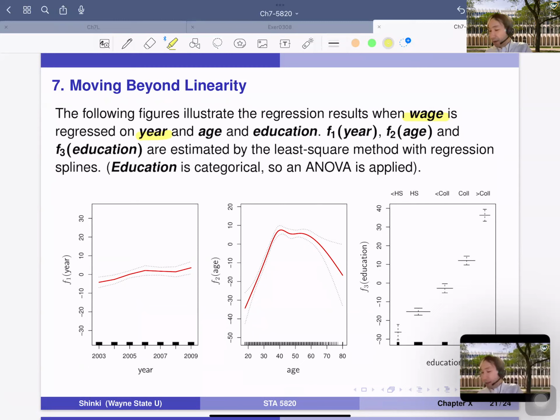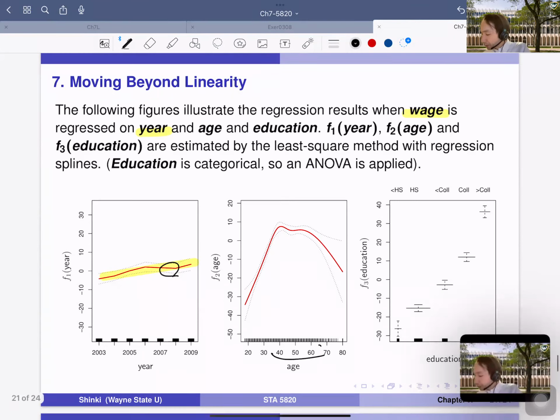Generally, the wage is going up over time, so we can have some increasing trend, but you can see maybe in a recession, around here, the financial crisis, the wage goes down a little bit. This is pretty rare, but we have some function which is more complicated than a straight line. And age, as discussed, then from age 35 to 60, maybe wage is higher.